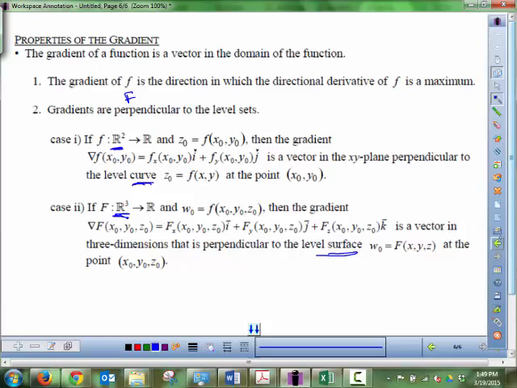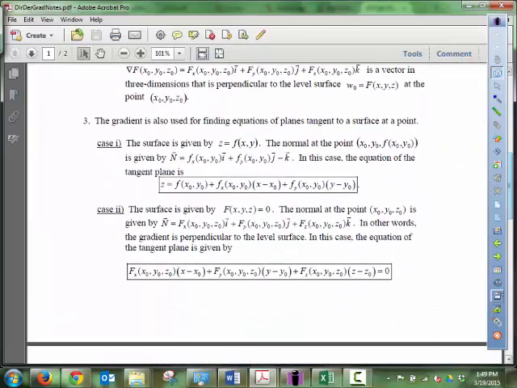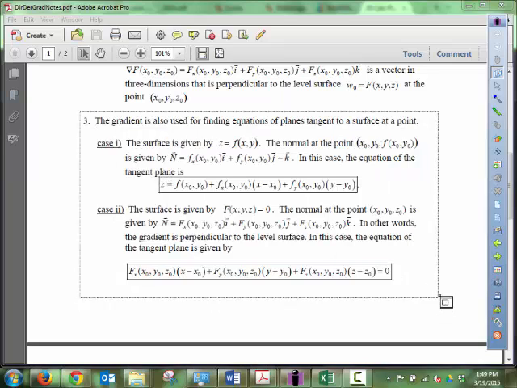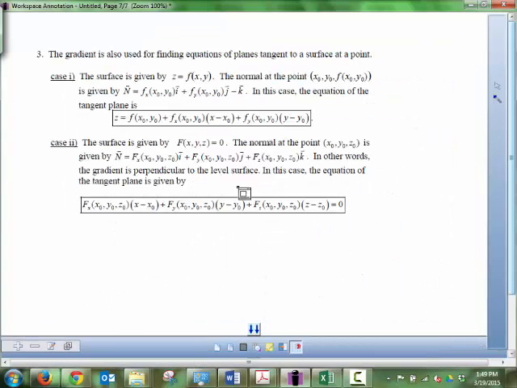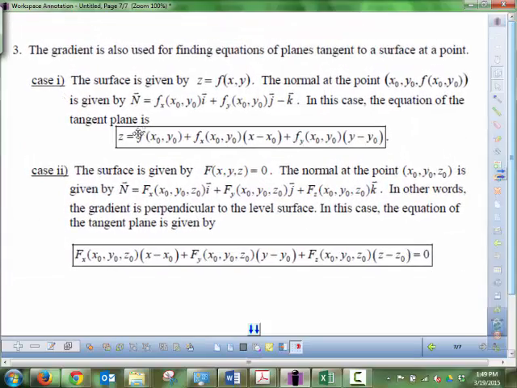All right, and then we just talked about the tangent planes. And then a nice compact formula for tangent planes. If your function is z equals f of x, y, then the normal vector is fx, fy, negative 1 for the z component.